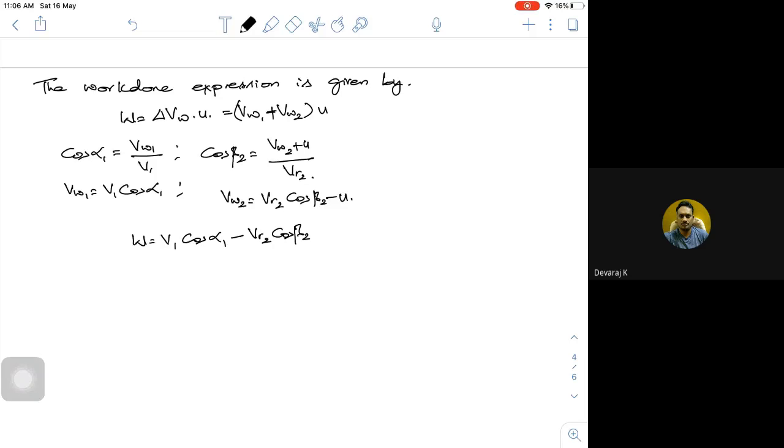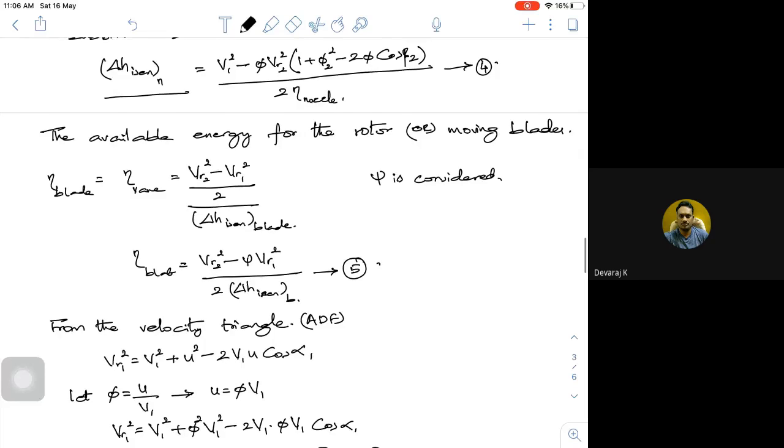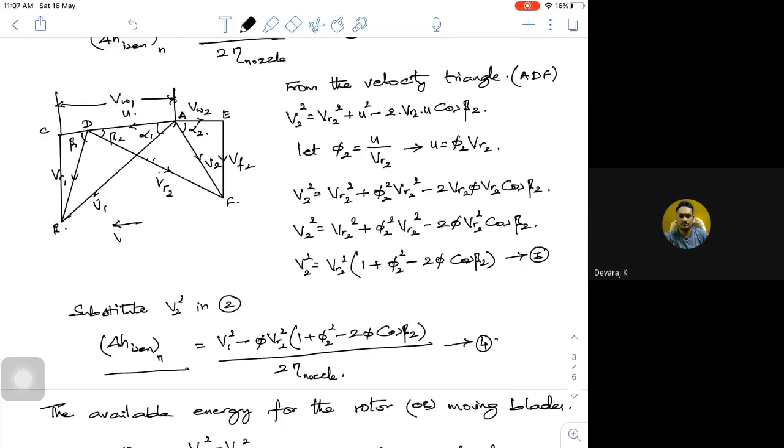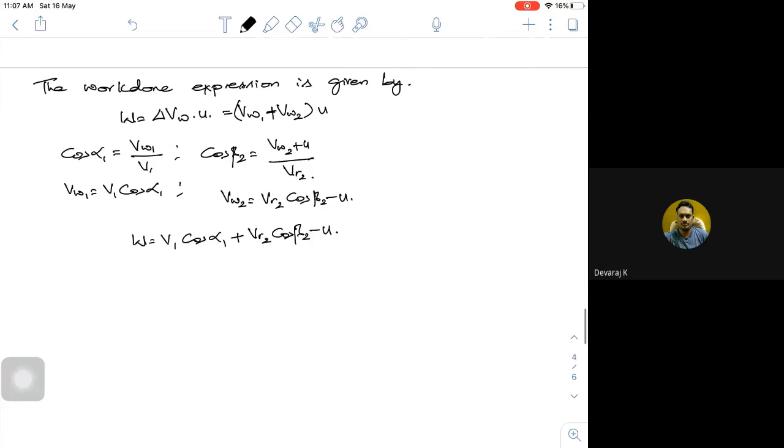Your VW1 is in this direction and your VW2 is in this direction, so the work done expression will be VW1 minus of minus VW2. So work done is equal to V1 cos alpha 1 plus VR2 cos beta 2 minus U.